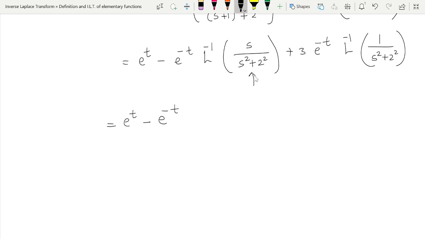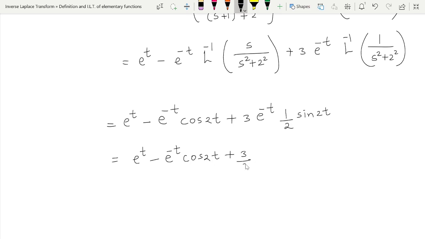Since it is plus in the denominator, it is trigonometric sine or cos, and in the numerator also we have s, it means it is trigonometric cos only, so it is cos of 2t, plus 3 e raised to minus t, and this is sine now, so it is 1 upon 2 sine of 2t. So this will be equal to e raised to t minus e raised to minus t cos of 2t plus 3 by 2 e raised to minus t sine of 2t, and this is the required inverse Laplace transform of the given function.